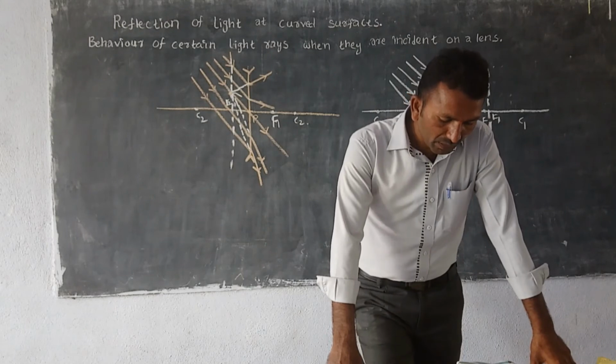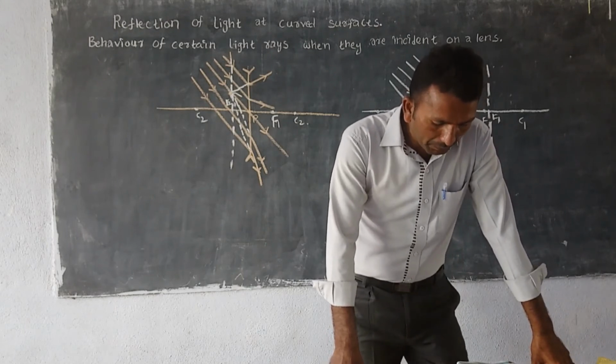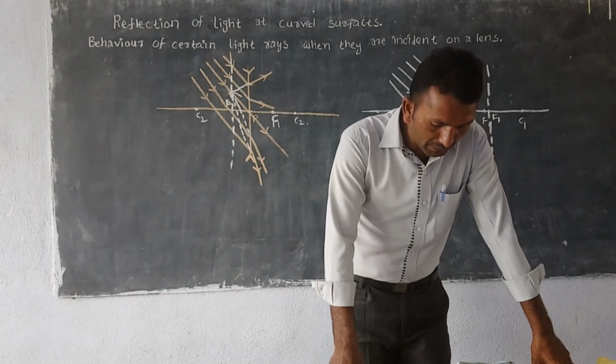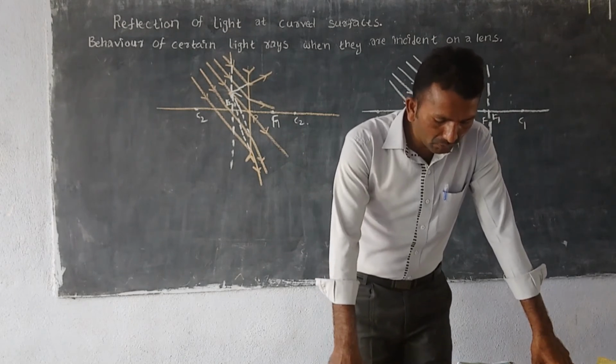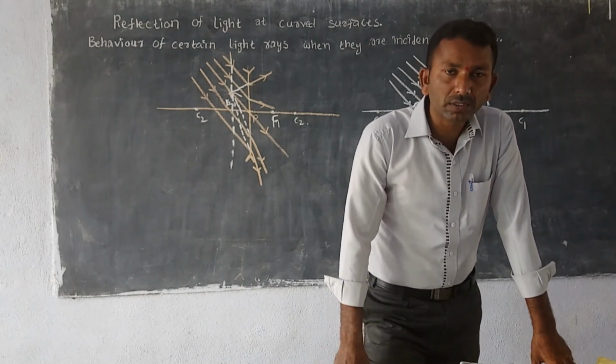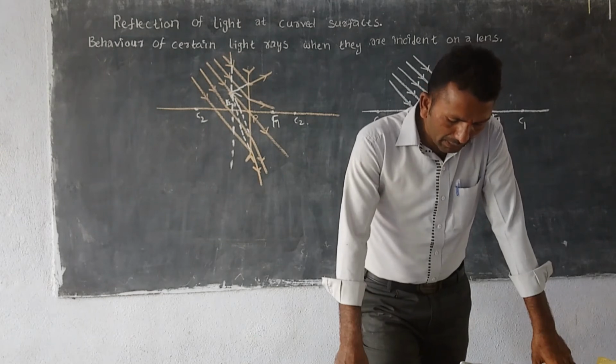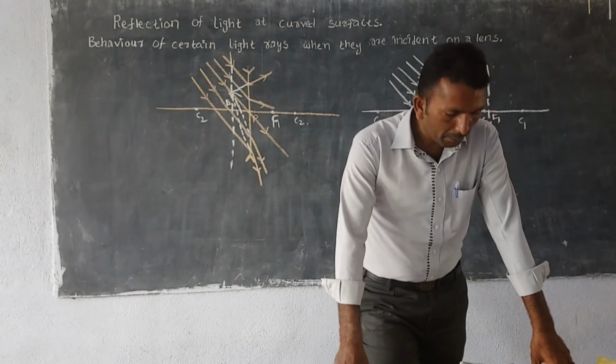And here also it is the same. For drawing a ray diagram to find the position and size of the image formed by a lens for any position of the object on the principal axis, you need to follow the rules mentioned below. What are those rules? We have to learn. Select a point on the object, place that point on the principal axis.